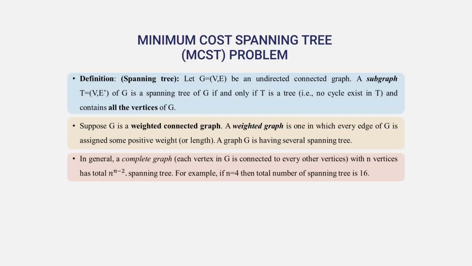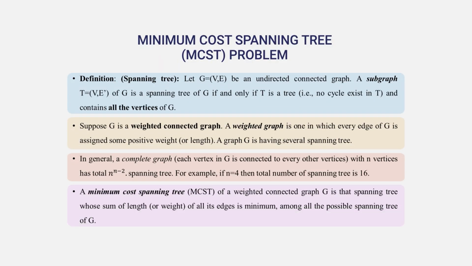Now the definition follows: let G equal V comma E. This means a graph G contains a set of vertices and a set of edges.